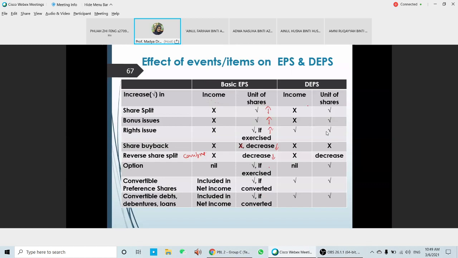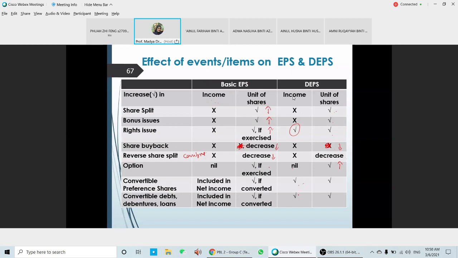Okay. For diluted earning per share, effect to the income: only the rights issue, if there is a rights issue. And then the number of shares is going to increase if there is a share split, bonus, the same thing, rights issue. Share buyback is supposed to decrease, and reverse share split also has a decrease. For options, there is no effect to the income, but there is an effect to the ordinary shares, which will increase if you grant an option.